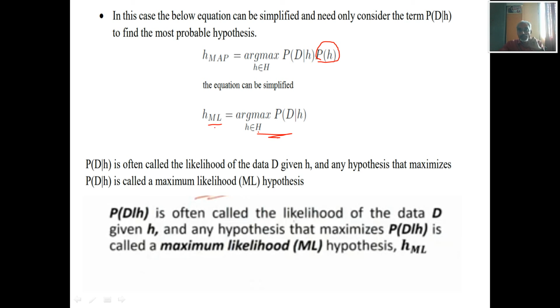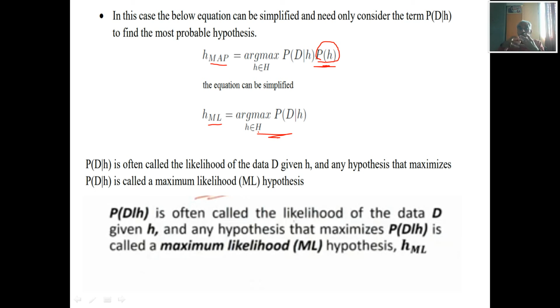So this we are going to call the maximum likelihood hypothesis. Till here we had H of MAP, the maximum a posteriori hypothesis. Now we have simplified this. In some cases when you don't have the prior knowledge about P of H, for all the hypotheses belonging to the hypothesis set, we assume equal probability.